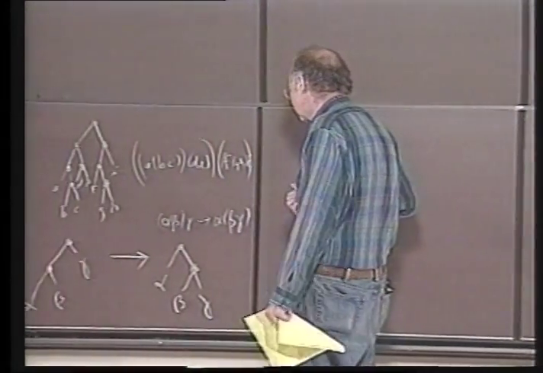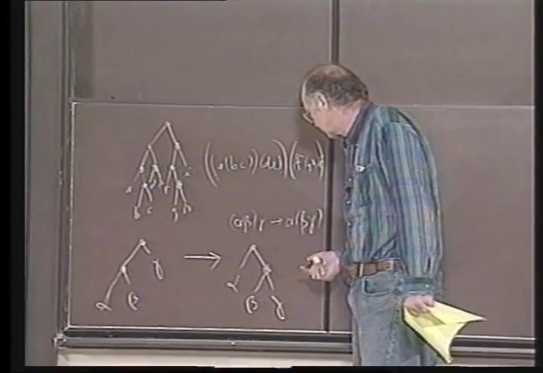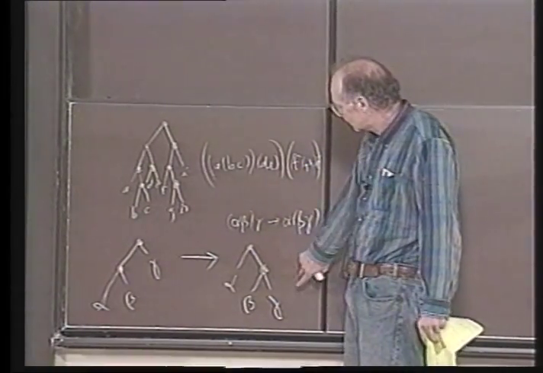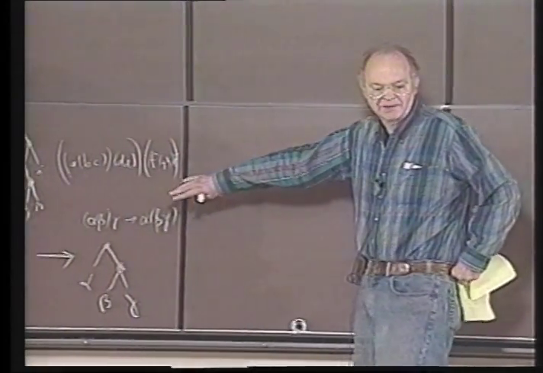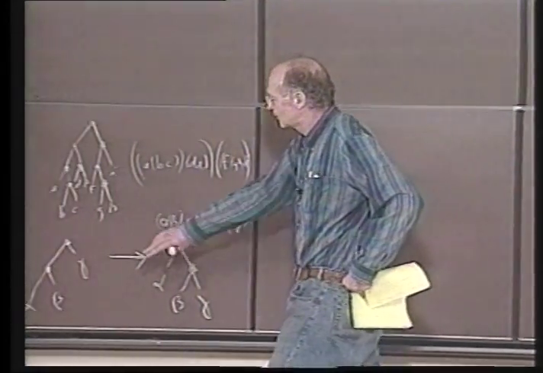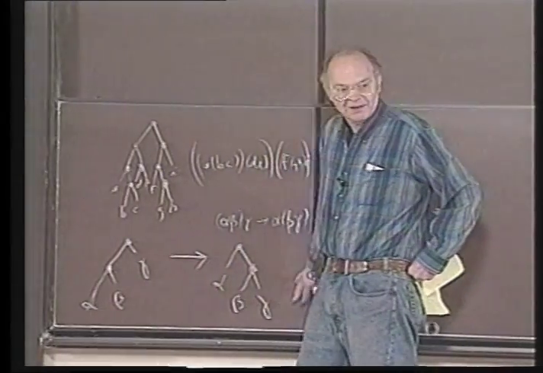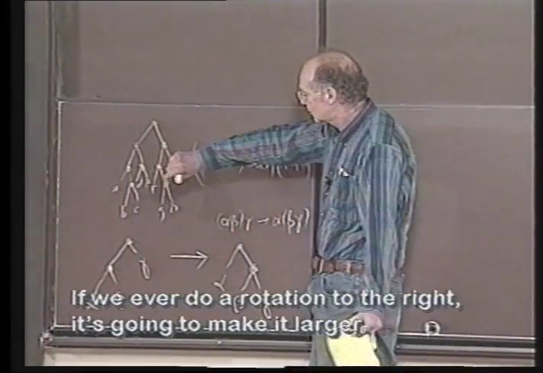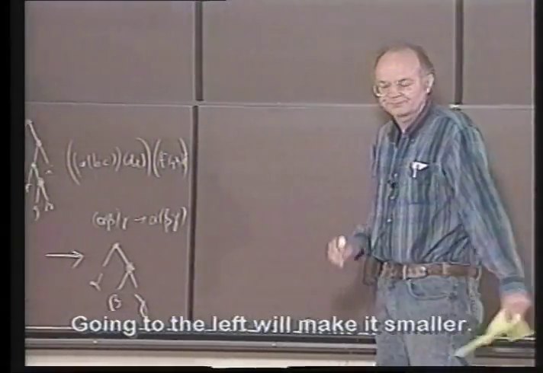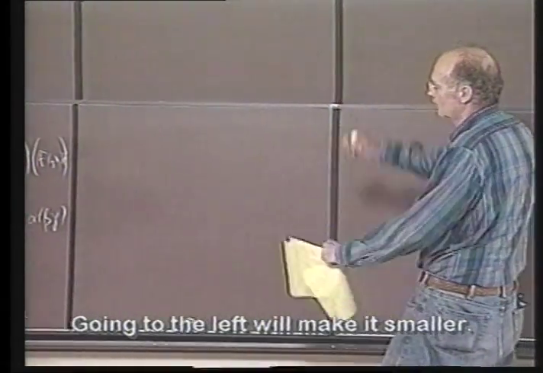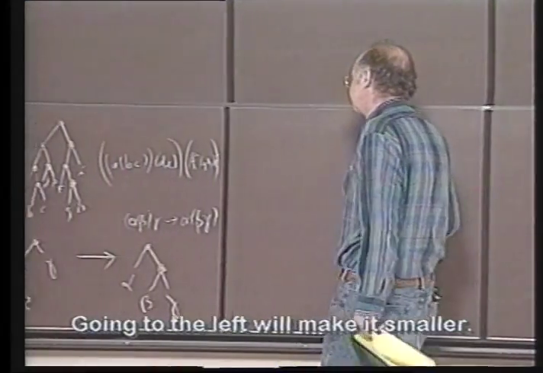In fact, I'll want to regard this one as larger than this one. We're going to define an ordering on binary trees where this one's going to be a small tree, and this is going to be a large tree. And if we ever do a rotation to the right, it's going to make it larger. And then going the other way would make it smaller.